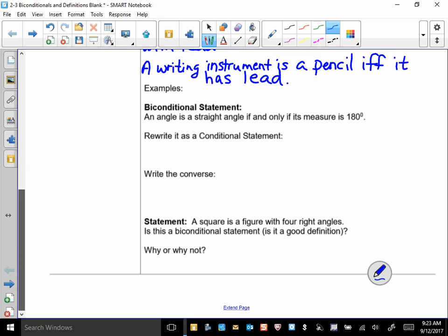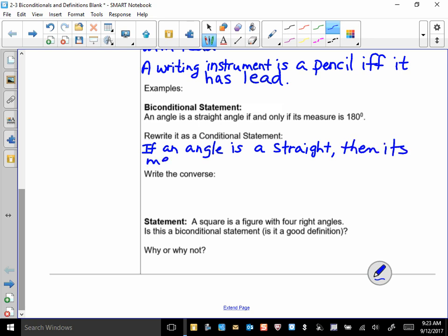An angle is a straight angle if and only if its measure is 180. So let's go the other way. Let's rewrite that as a conditional statement. How about this? If an angle is a straight angle, then its measure is 180 degrees.